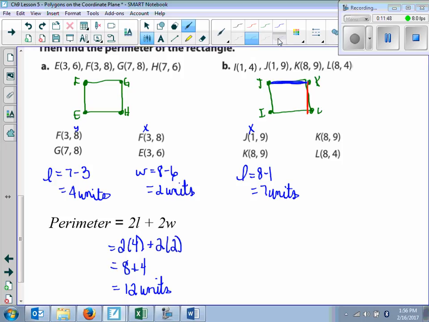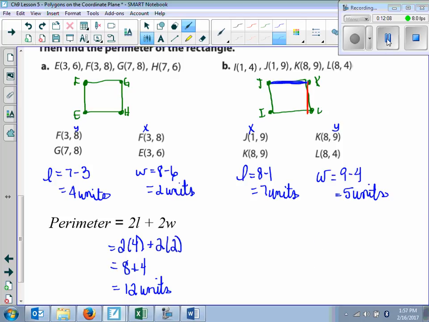So since they have the same X value, in order to find our width, we subtract their Y values. So 9 minus 4 is equal to 5 units. Is everybody clear?